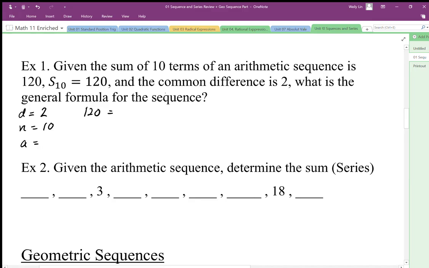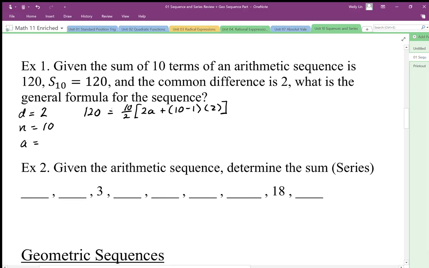That's going to be calculated by n over 2, so 10 over 2, times 2 times a, which I'm looking for, plus the number of terms, 10, so that's the n, minus 1, which represents the number of steps between the first and last term, times the common difference. That's just filling into the formula and giving us one unknown to solve for.